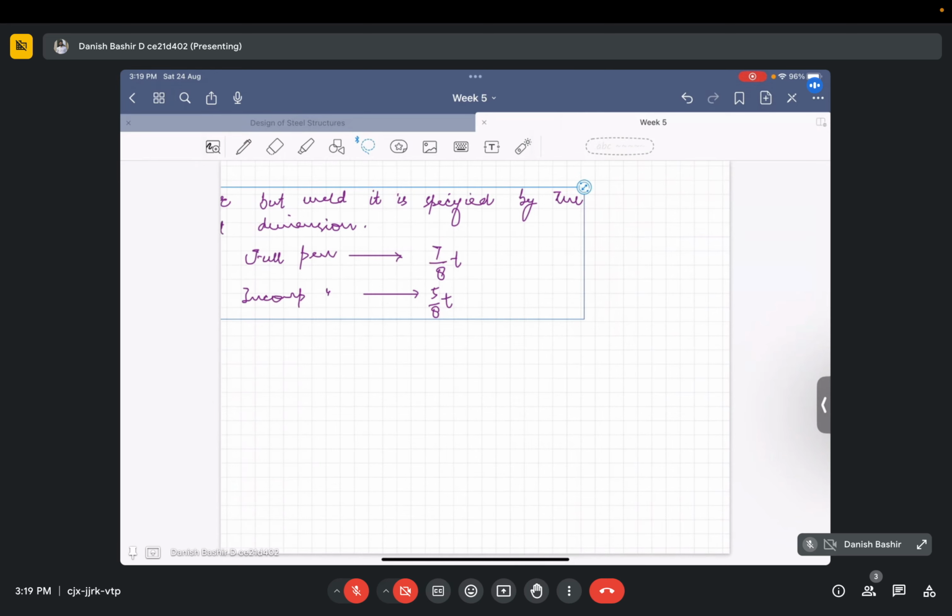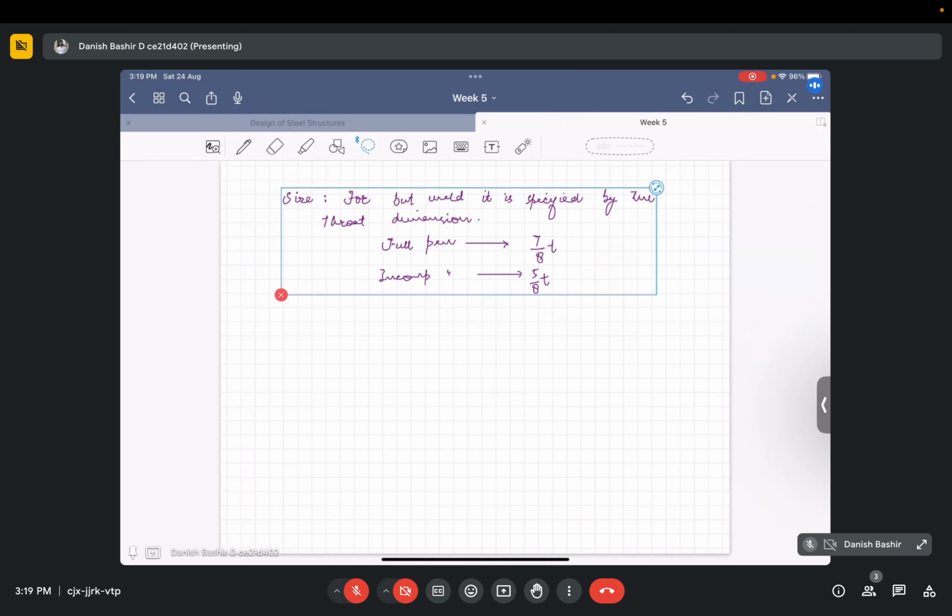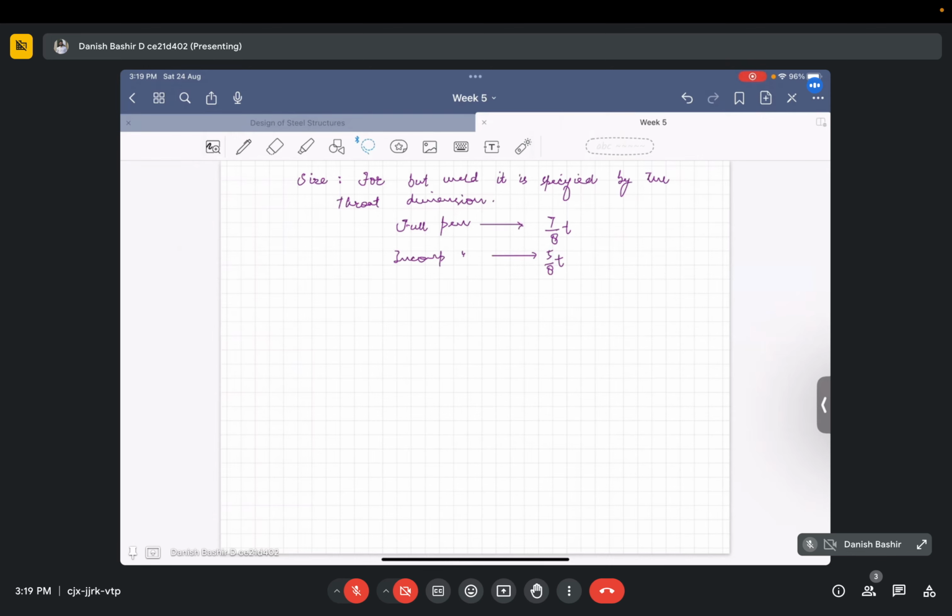So this is actually for butt weld, that's why I'm putting it here. Okay, then we have effective area. So next is, after size, first was size, next is effective area.